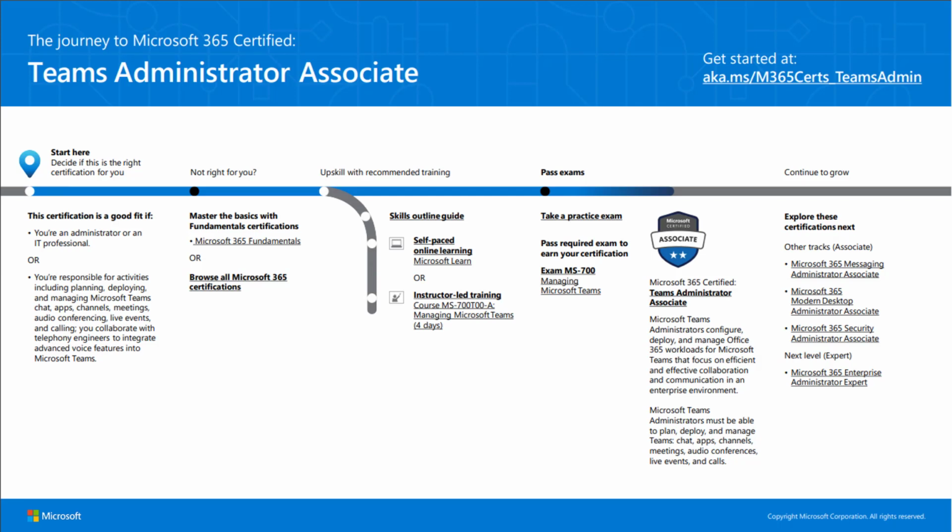Another option is instructor-led training, like the course MS 700 Managing Microsoft Teams, which is a 4 day course. And before you go through the exam, it would be a good idea to start taking practice exams, and we're going to go through some of the practice exam questions at the end of this slide. After that, you are ready to earn your certification for the MS 700 exam.